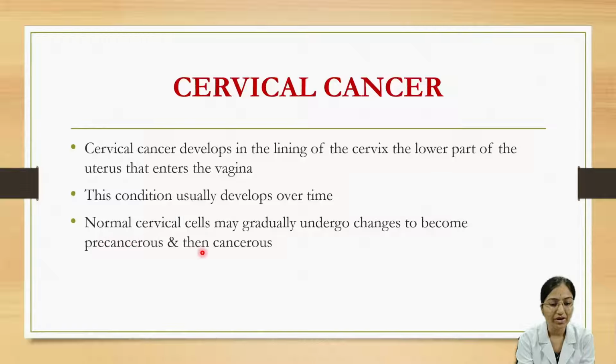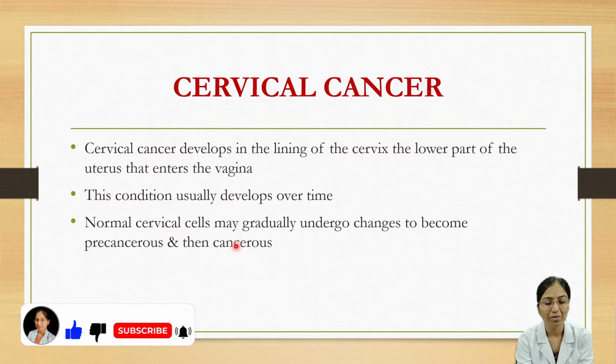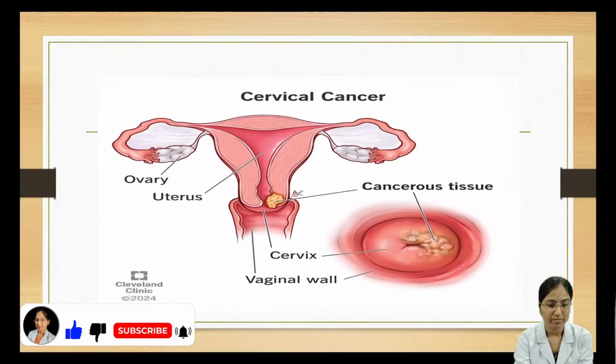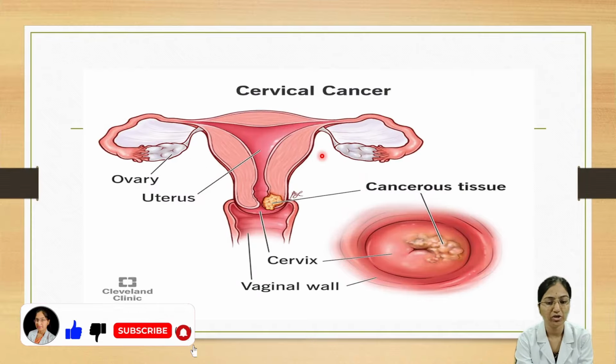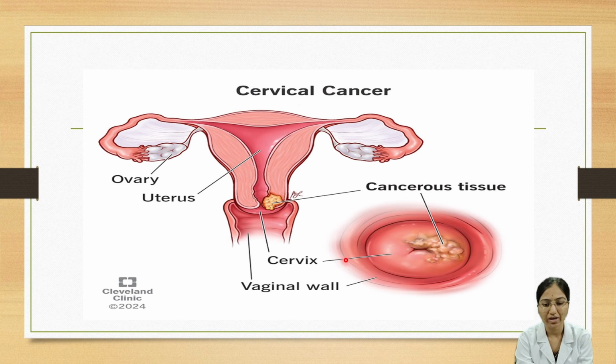Normal cervical cells may gradually undergo changes to become precancerous and then become cancerous. Here you can see the image of cervical cancer: the cancerous tissue, and here the cervix, which enters through the vaginal wall.